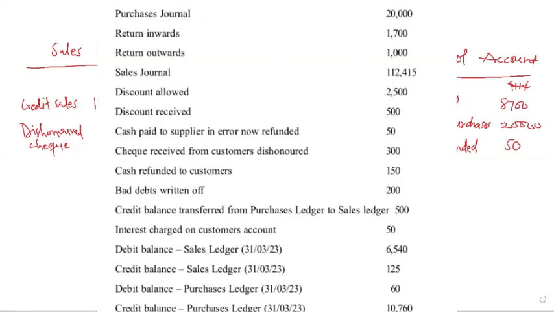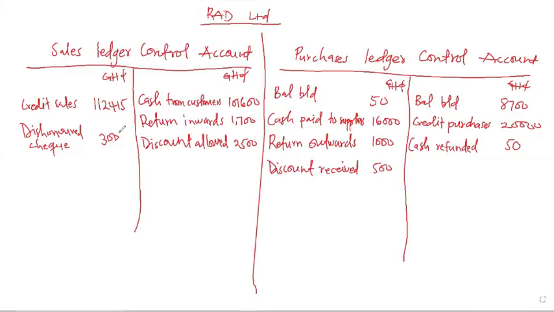Then we have cash refunded to customers. Here, someone is going to say that when cash is refunded to customers, it's going to decrease the customer's account, so we should credit it.